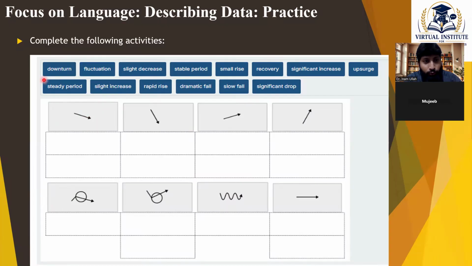What word will you choose? Can you tell me? Slight decrease. Yes, very good. What about this one?